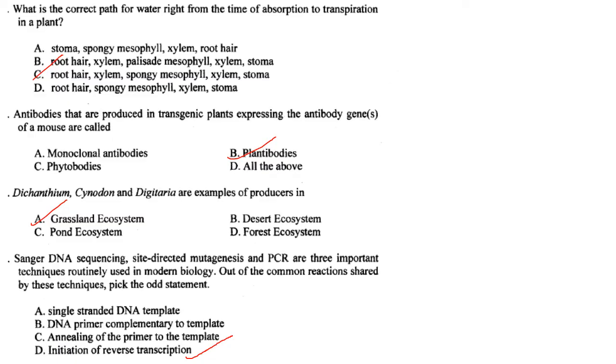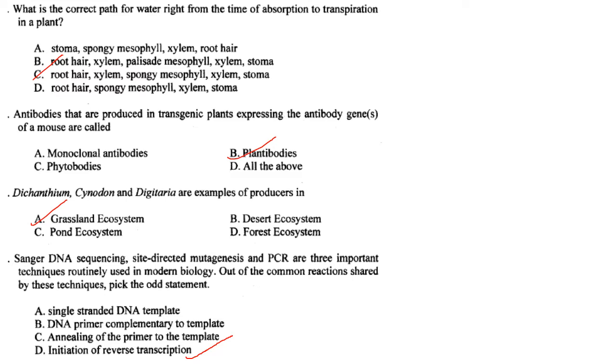What is the correct path for water right from the time of absorption to transpiration in a plant? So transpiration is the evaporation of water at the surface of the spongy mesophyll cells in leaves, followed by loss of water vapor through stomata.